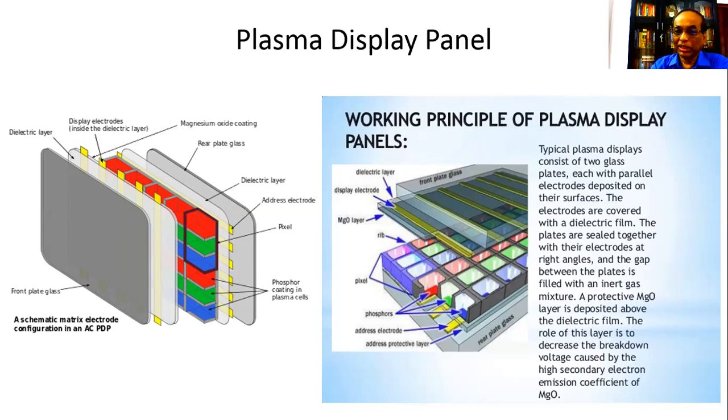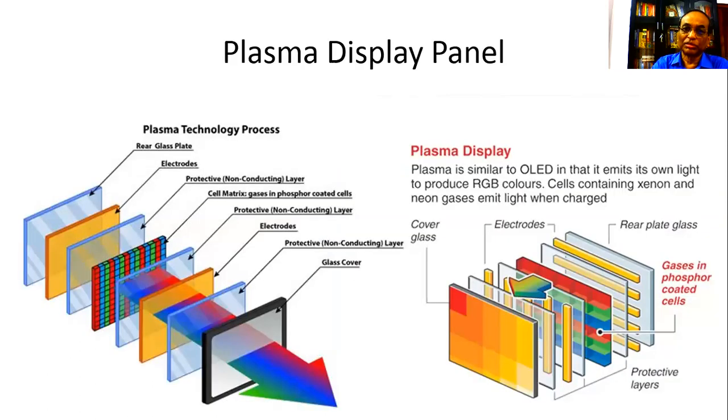So these are the plasma panels. This gives a very high intensity beam, but the construction is a bit complicated, different from the LCD panel, and very costly also. Plasma display panel.